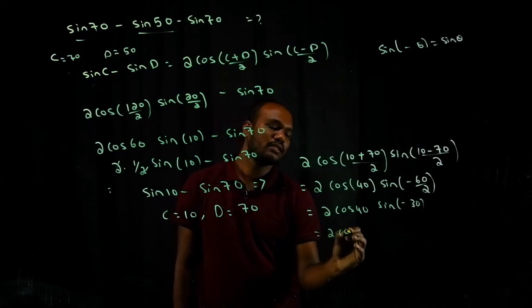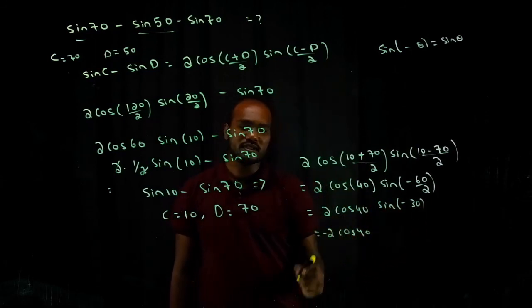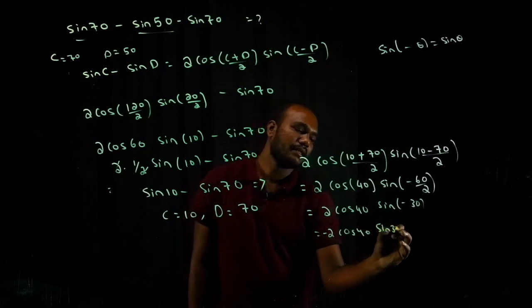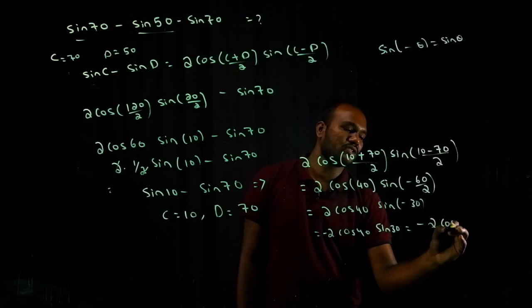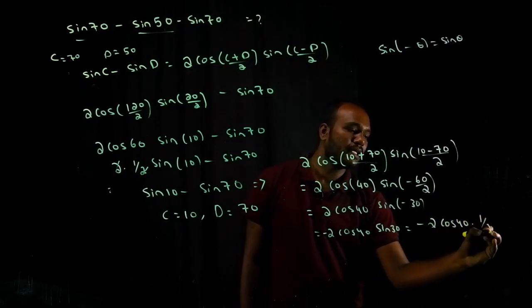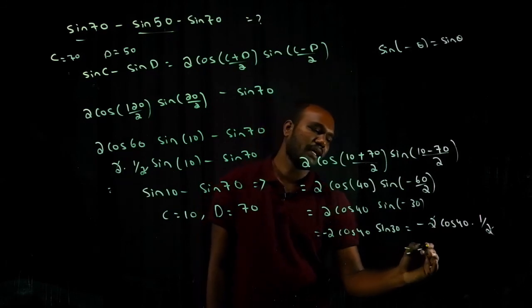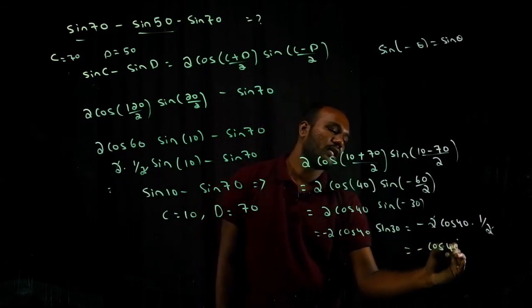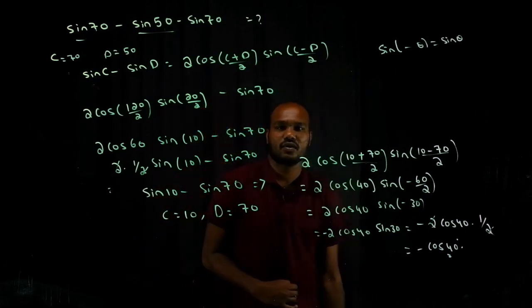So 2 cos 40, sin of minus theta is minus sin theta. I'll put minus outside, and sin 30 degree. How much is sin 30? 1 by 2. So minus 2 cos 40 degree times 1 by 2. This 2 and this 2 get cancelled. So we get minus cos 40 degrees. Is that good? Yes? Okay.